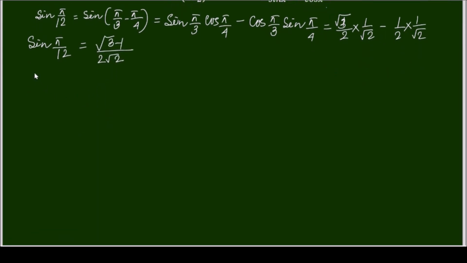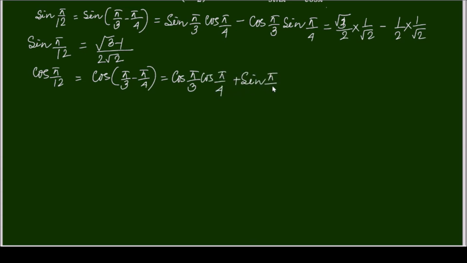In the same way, now getting to cos pi by 12. Cos pi by 12 will be cos of (pi by 3 minus pi by 4), equal to cos pi by 3 cos pi by 4 plus sin pi by 3 sin pi by 4.